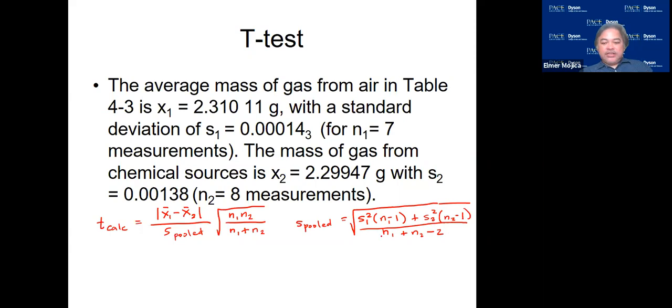I think this is the sum minus the number that gives you the degrees of freedom.